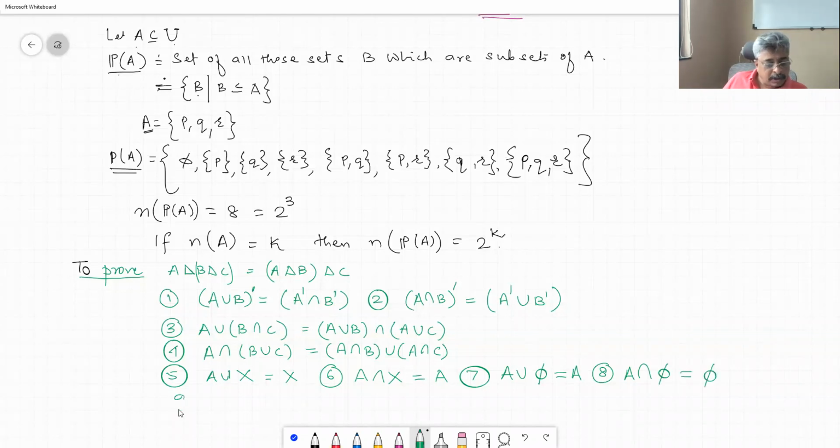Ninth thing that you will require is A delta B is equal to B delta A. That is why it is symmetric. 10th thing that you will require is A minus B is equal to A intersection B complement.